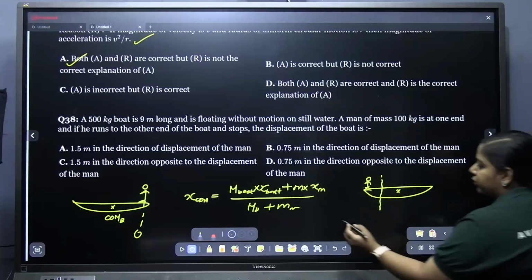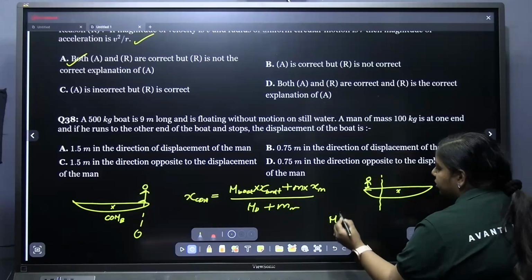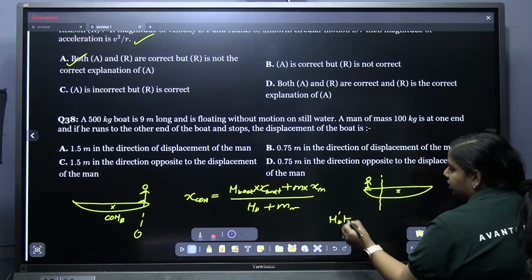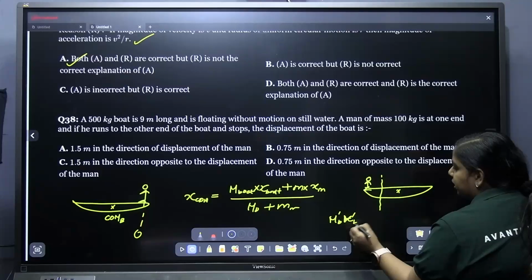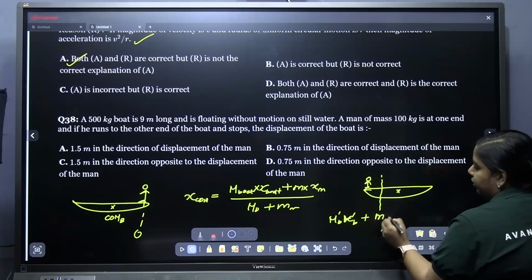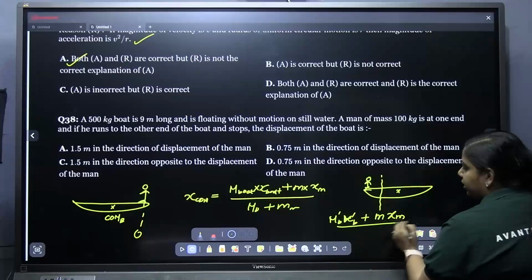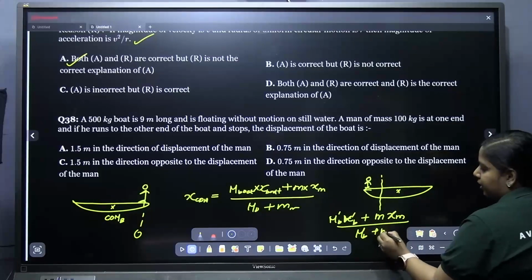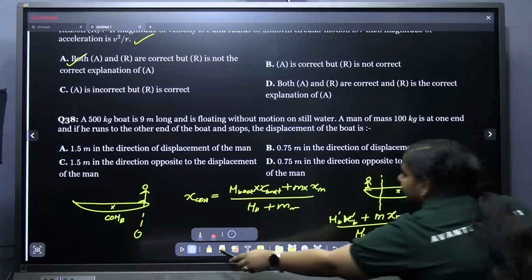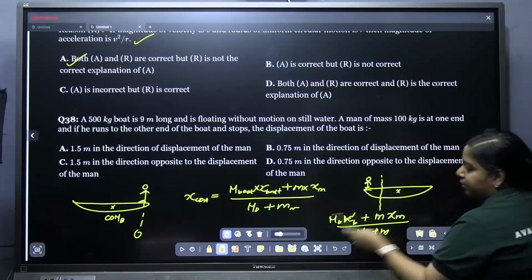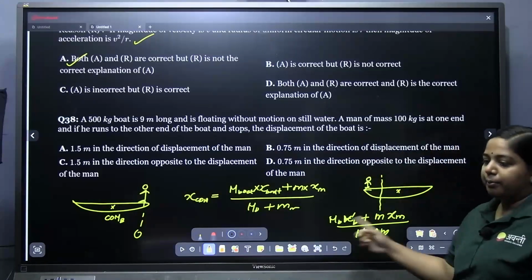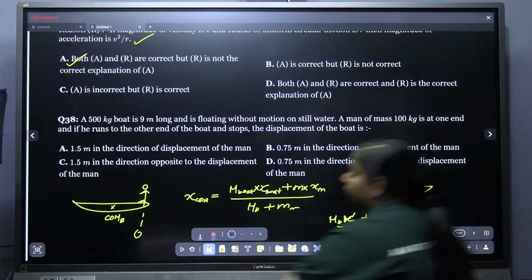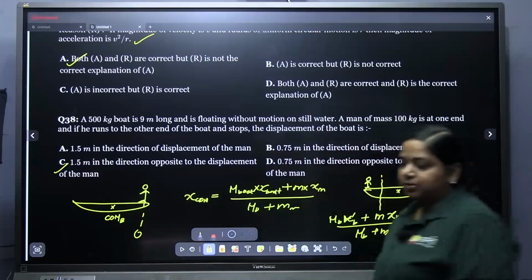Here also, new center of mass of boat into new center of mass plus man into center of mass of man, divided by total mass. Equate it and you will get xb, the distance travelled by the boat. Answer is 1.5 meter in the opposite direction of displacement of the man.